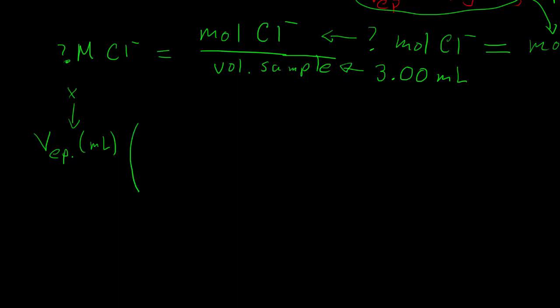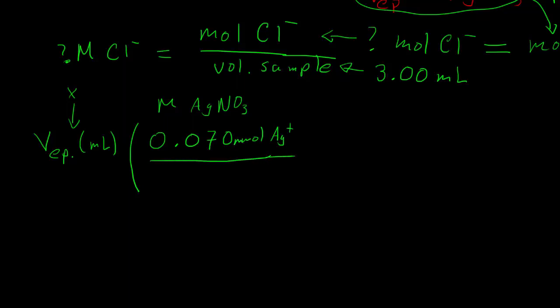Then we multiply this by the molarity of the silver nitrate solution. Let's say our silver nitrate solution was 0.070 millimoles of silver per every 1 milliliter of solution.